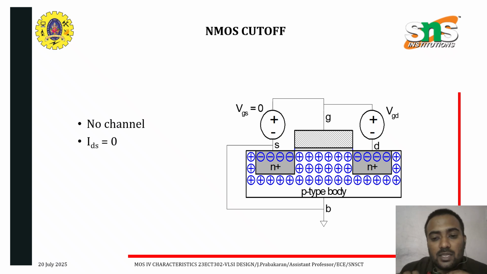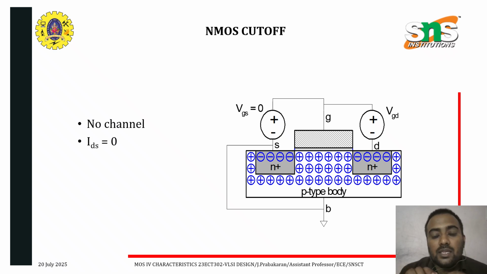In between that there is one thin SiO2 layer. After that, a small aluminum material is formed. In that aluminum material, take one terminal, that is called the gate terminal.